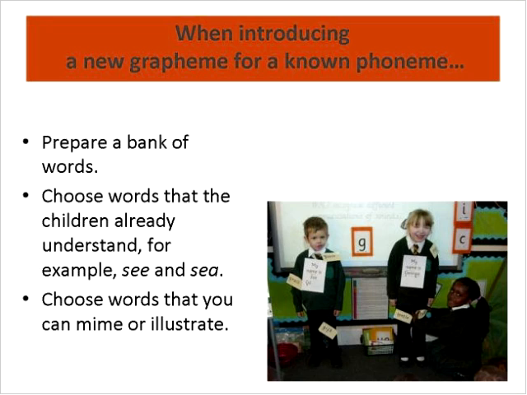And it's always useful to have some perhaps with some pictures on as well. Choose words that the children already understand. If they already know see as in looking, then introduce the notion of the EA grapheme for the same phoneme by using the other word, sea. And choose words that you can mime or illustrate so that the children can jump up and enjoy acting them out.